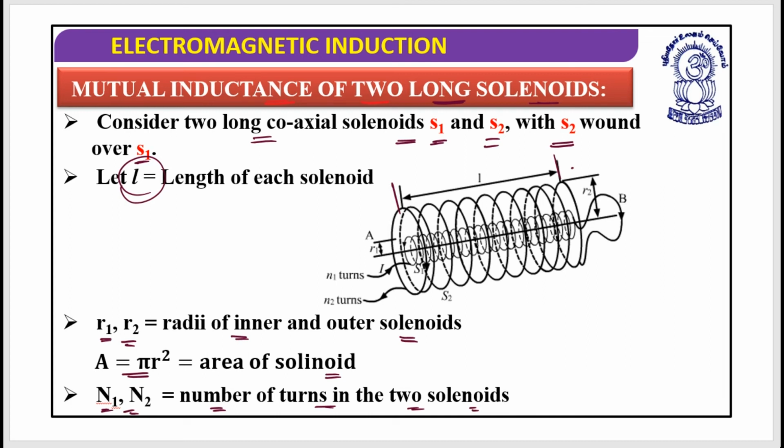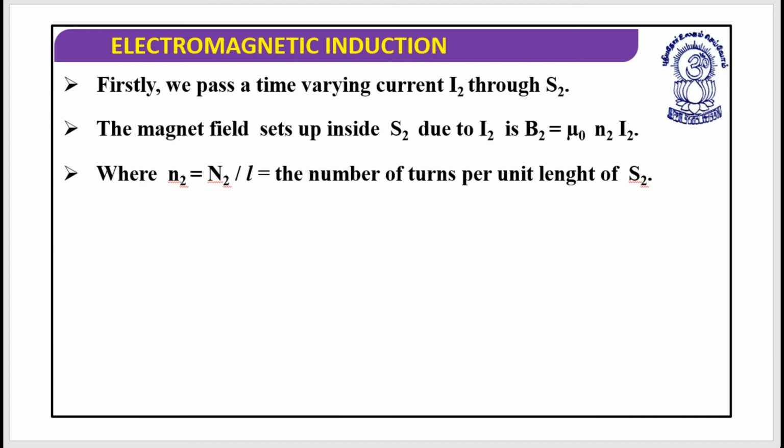N1 and N2 are the number of turns in the two solenoids. First, we will pass a time varying current I2 through S2, and due to this a magnetic field will be set up inside S2, which is equal to mu naught into n2 into I2, where n2 is N2 by L. It is the number of turns per unit length of S2.